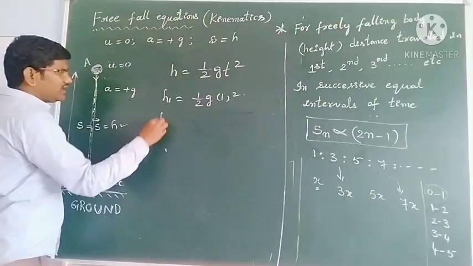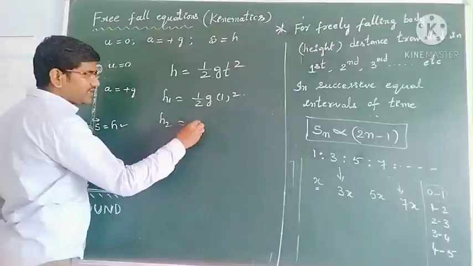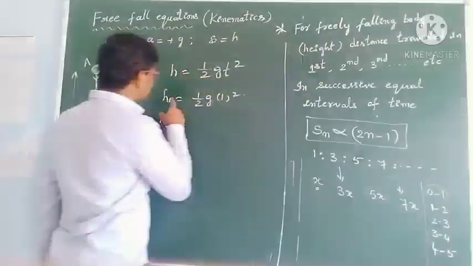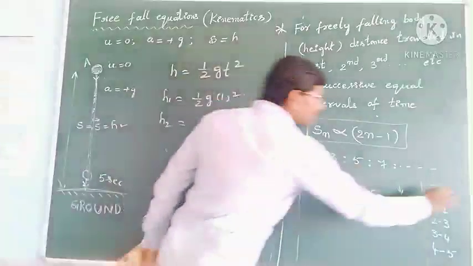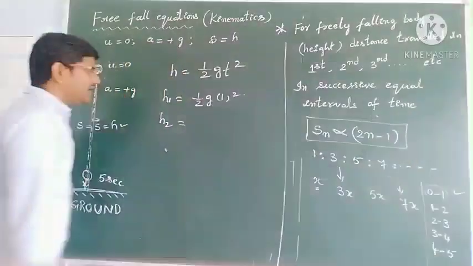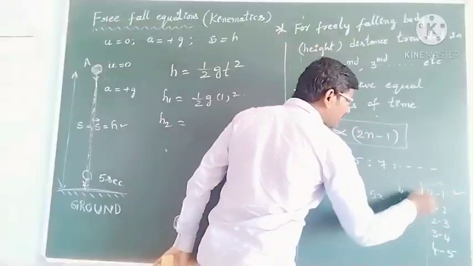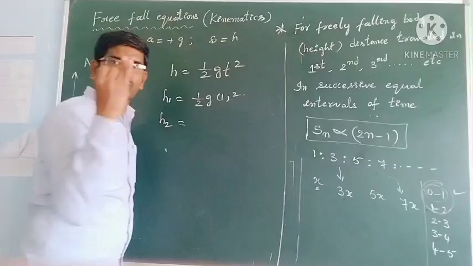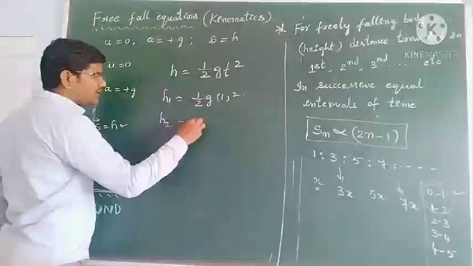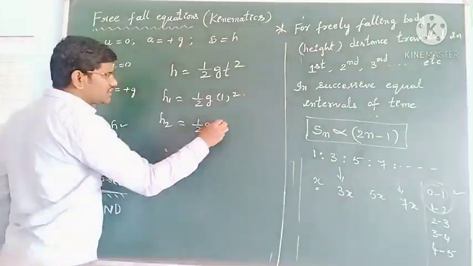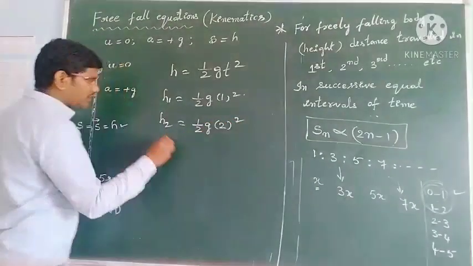And similarly, height fallen in 2 seconds, if I ask you, this is the height fallen for the first second, and height fallen for 2 seconds means the total time will come. 2 seconds means 0 to 1, 1 to 2, totally 2 seconds. Height fallen in 2 seconds means 1 by 2 g into 2 square.